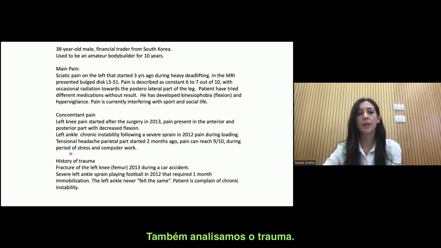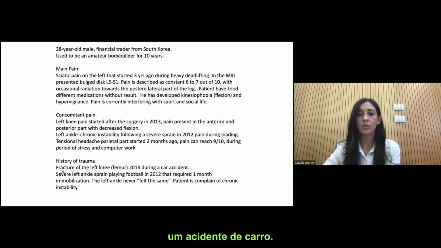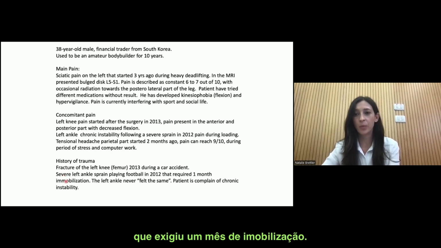We also look at the history of the trauma. In 2013, he had a fracture of the left knee, the femur, during a car accident. Severe left ankle sprain playing football in 2012 that required 1 month of immobilization.